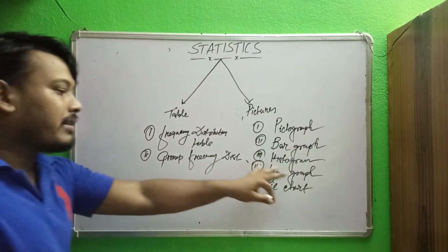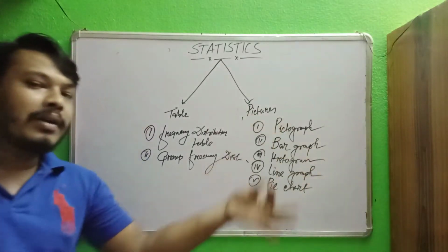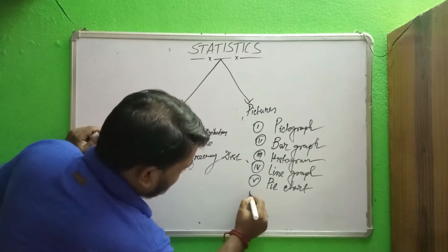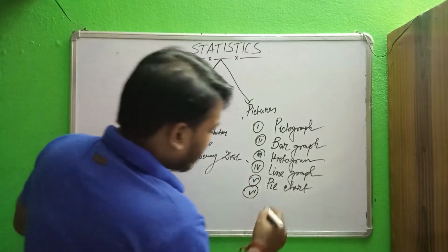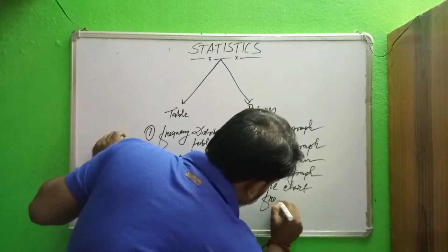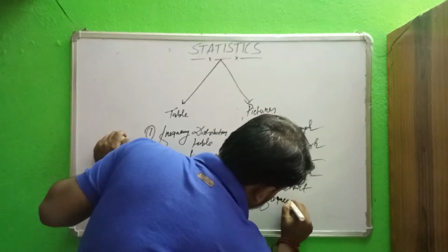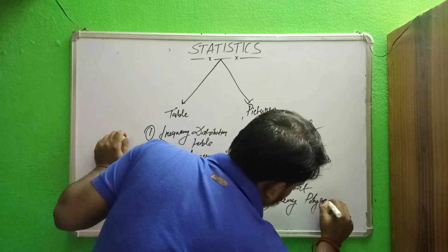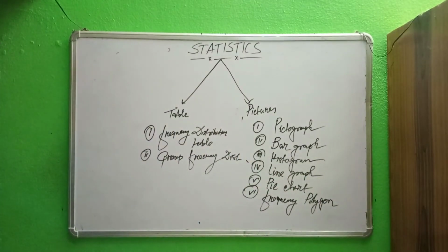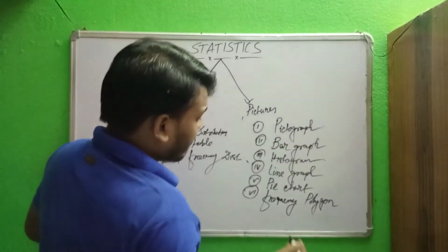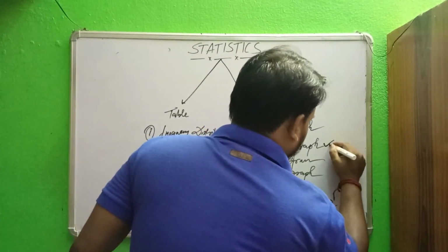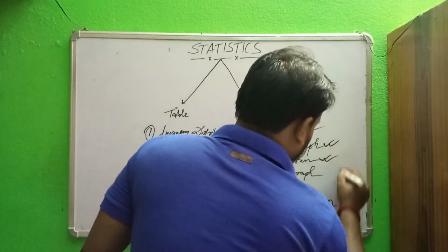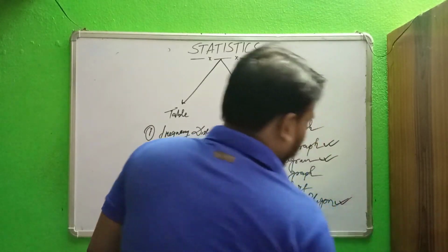In bar graph, double bar graph also came. And here one new term is there, frequency polygon. Here we will learn more about bar graph, histogram, and frequency polygon.